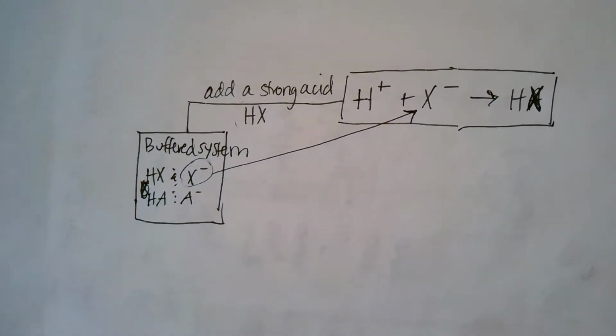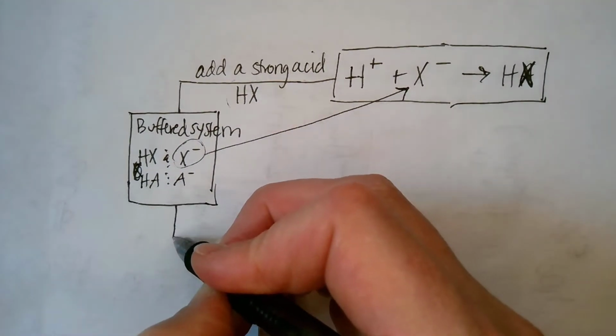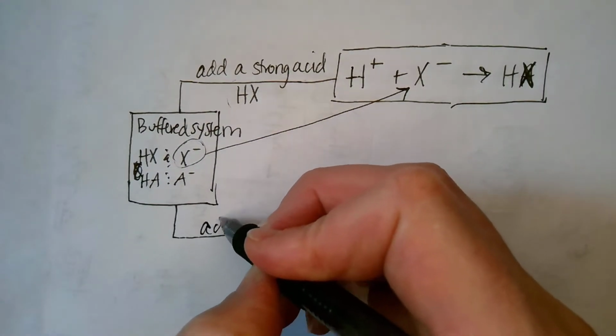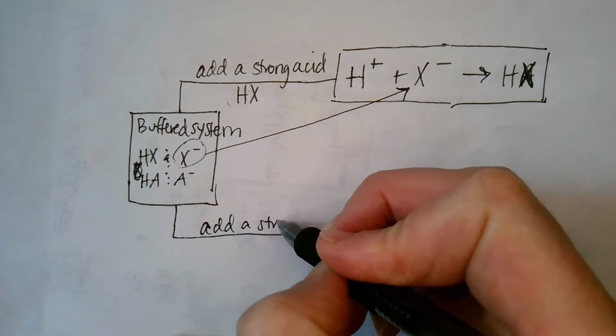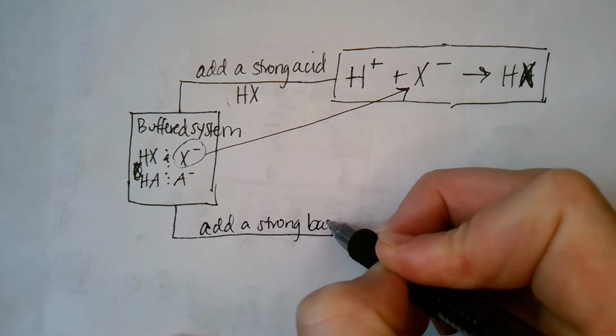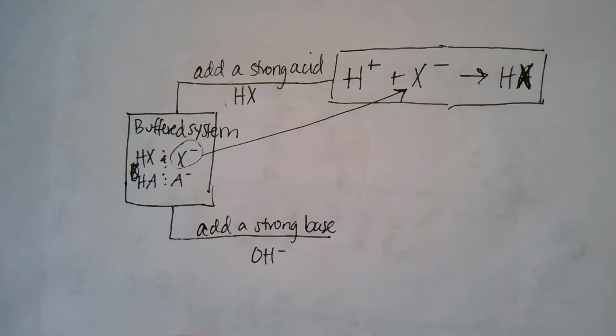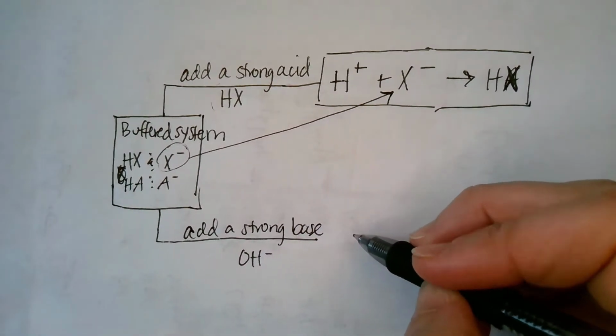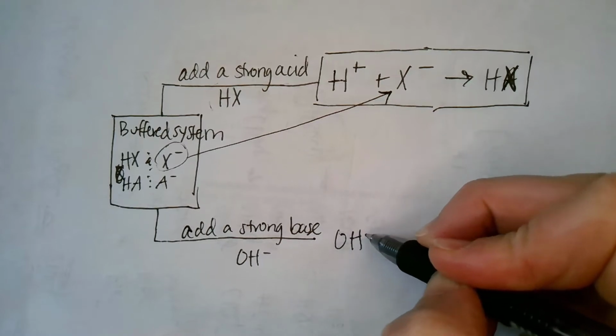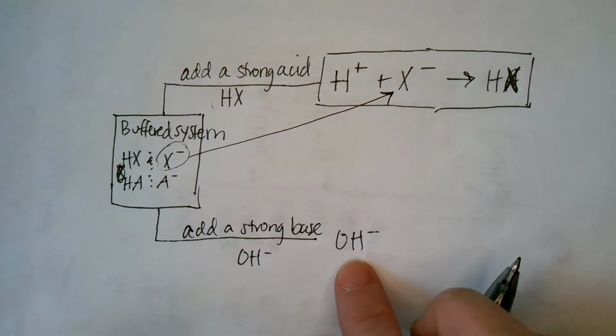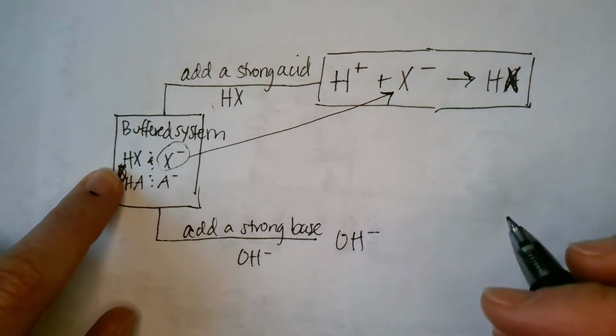Now let's look at if I add a strong base. Hydroxide. So if I have hydroxide, hydroxide obviously wants to react with the acid.